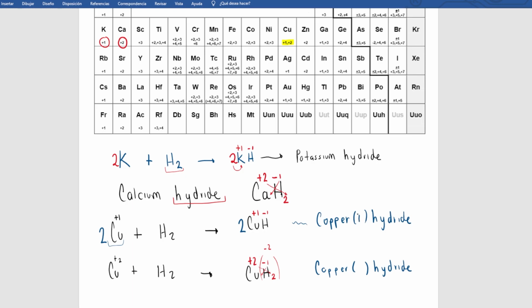So in this case, it's copper(I) hydride, and the second one is copper(II) hydride. Remember that what we're putting in parentheses is the oxidation state, because it could be a little bit confusing if we only say copper hydride, because there could be 2 copper hydrides. And it's because copper has different oxidation states.